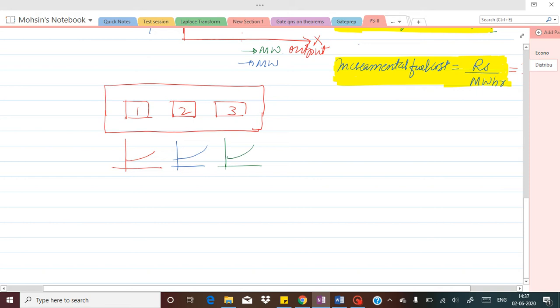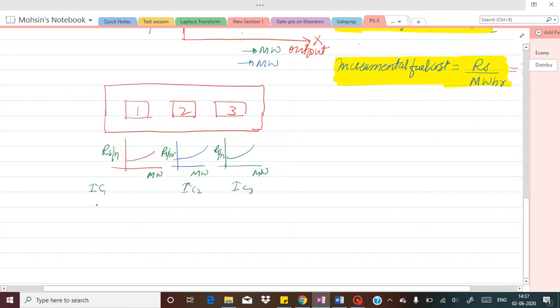Suppose all of these are representing rupees per hour, and the output of each unit is in terms of megawatt. Then the incremental cost for each will be obtained as IC1, IC2 and IC3.